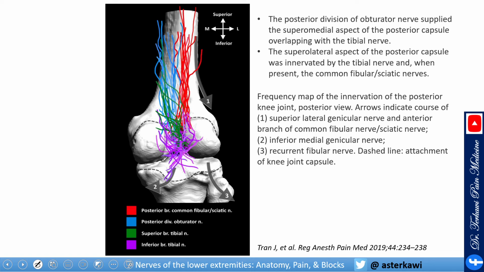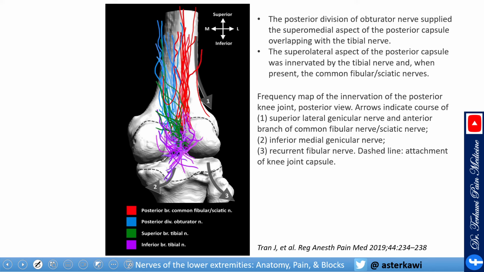So putting them together, as you see, most of the posterior capsule is supplied by branches of the common peroneal and some contribution of the obturator and the superior and inferior branches of the tibial.